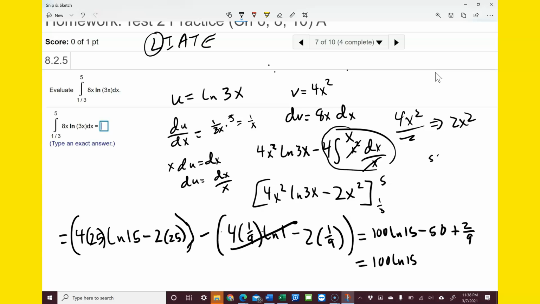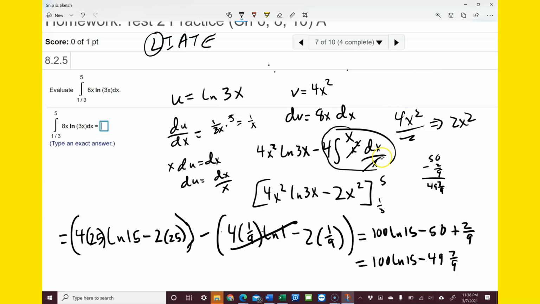So 100 ln 15. Alright, 50. What's 50 minus 2/9? That's 49 7/9. So it's going to be negative. So negative 49 7/9.